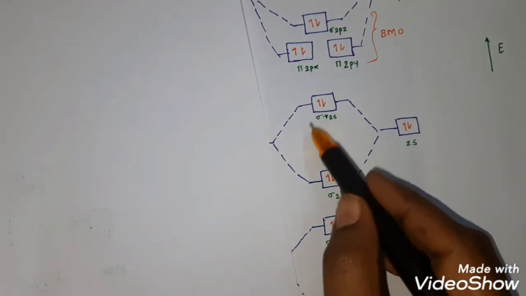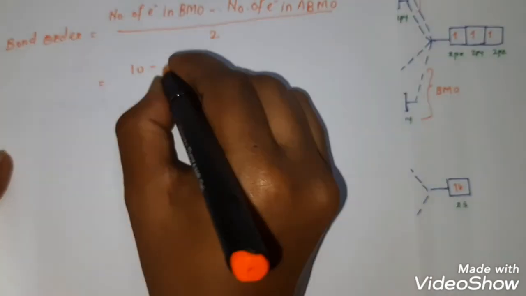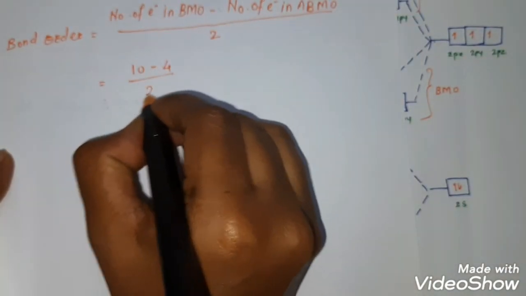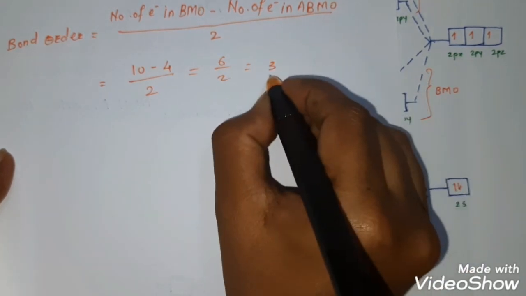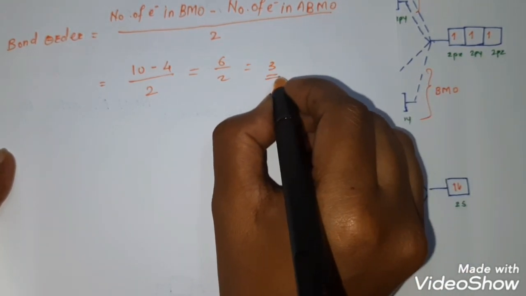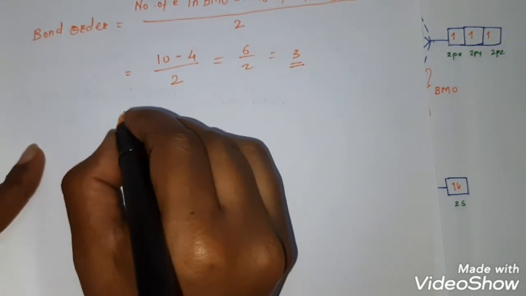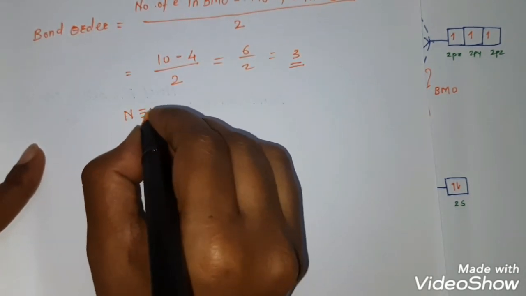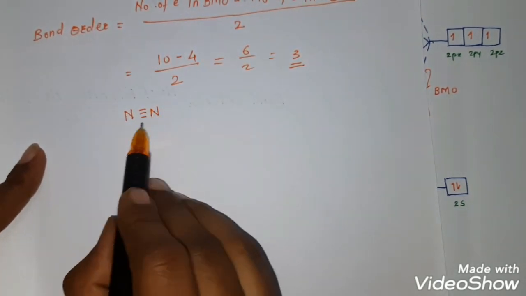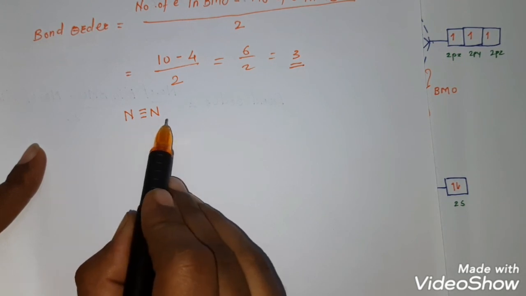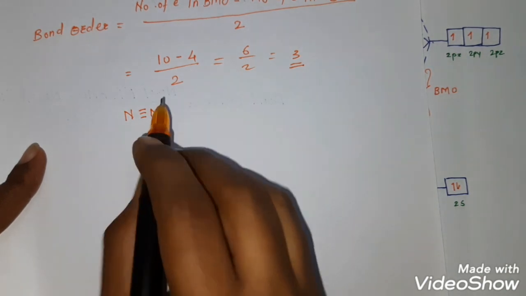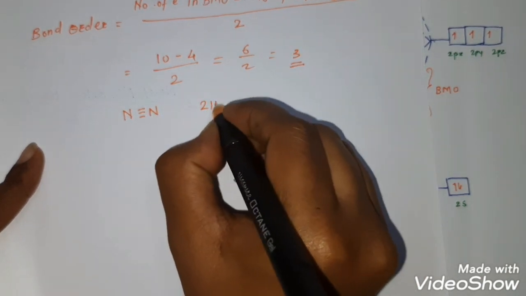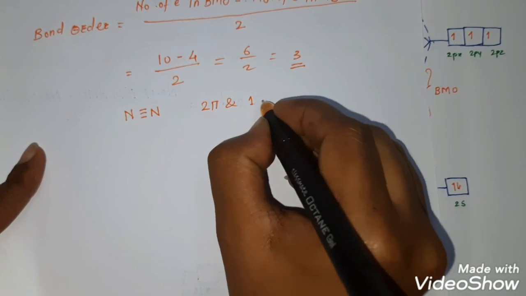These are 4 electrons, so minus 4, divided by 2. So 6 by 2 we get 3. So in nitrogen there is a triple bond. We know that the nitrogen molecule is made up of 3 bonds, of which 2 are pi bonds and 1 is a sigma bond.